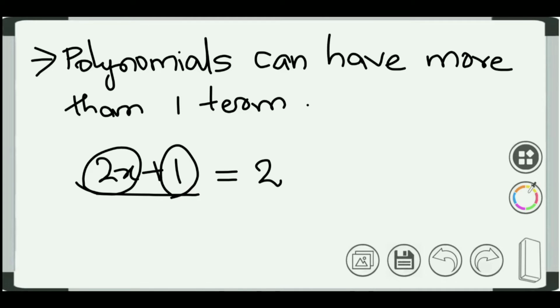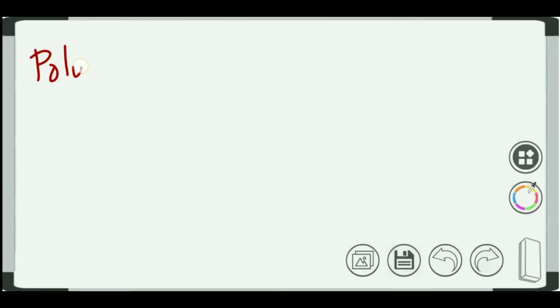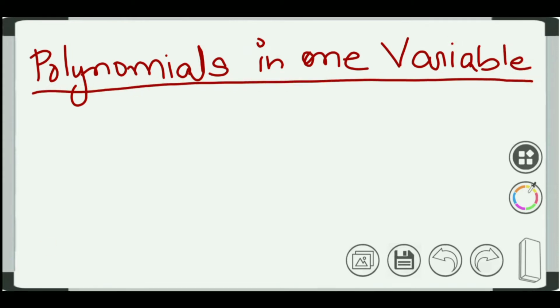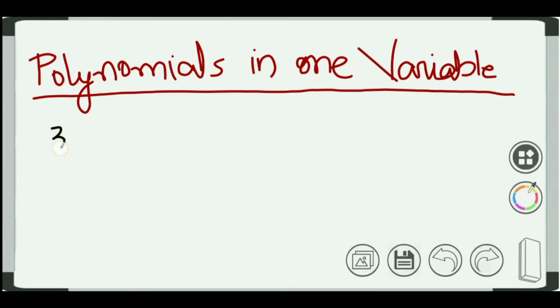Now, polynomials in one variable. A polynomial in one variable is an expression which consists of only one type of variable in the entire expression. Consider 3x. How many variables are there in this expression? Only one variable. So this is a polynomial in one variable.